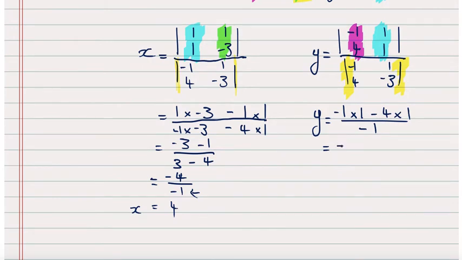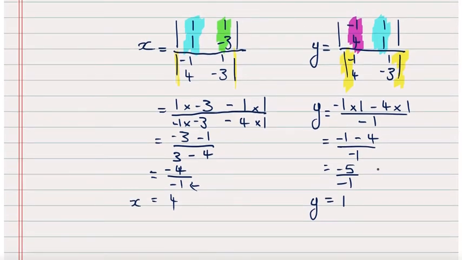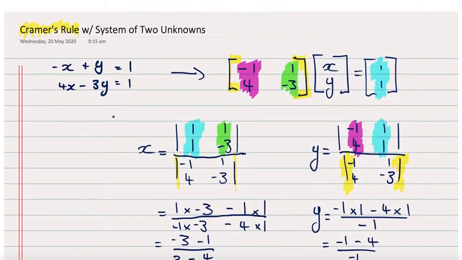So in the numerator, we're going to get -1 minus 4, that's all over -1. And that will come out to -5 over -1. Therefore, the value of y is 5.